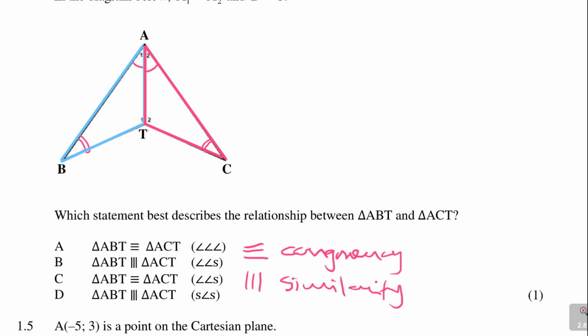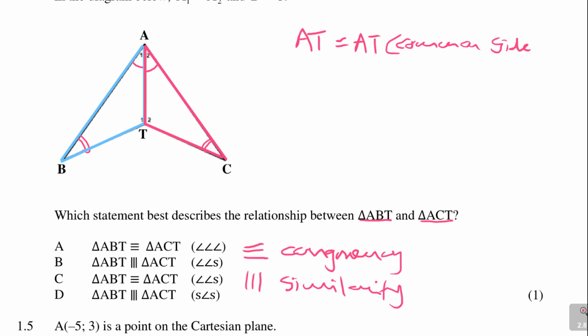Alright, now let's start with the first one. We are going to say AT is equal to AT. See that they are sharing a common side. So we call that a common side in both triangles. In both triangle ABT and ACT, you can see that they've got a common side, which is AT.